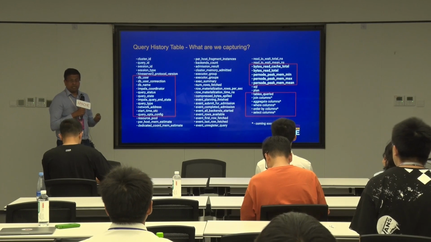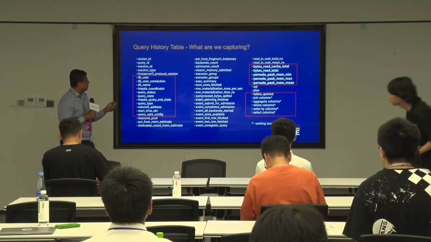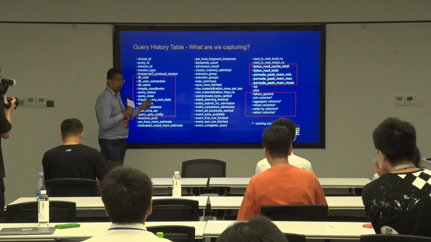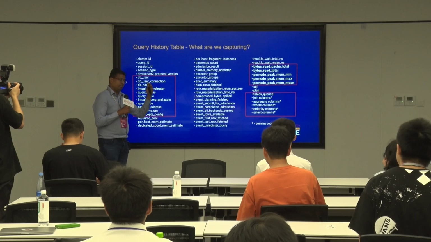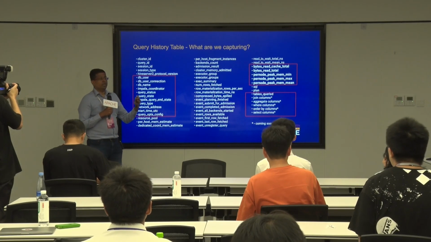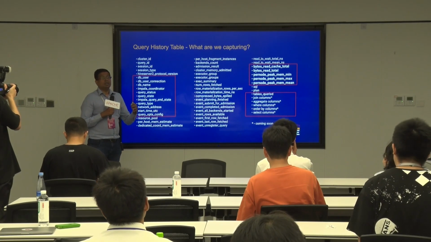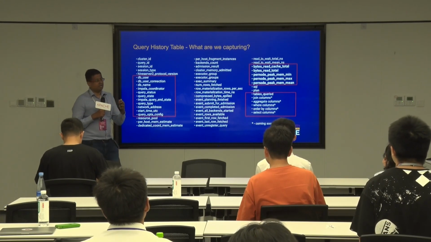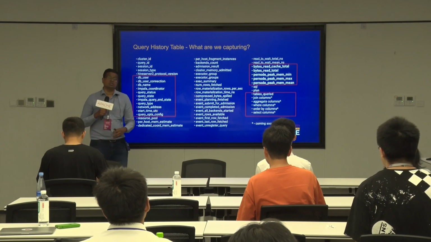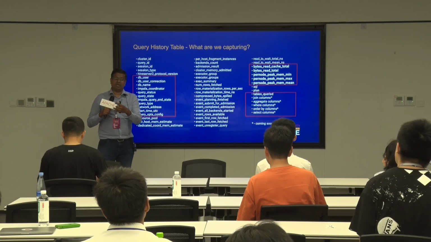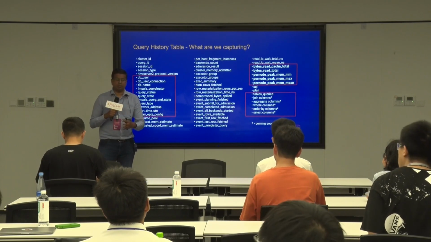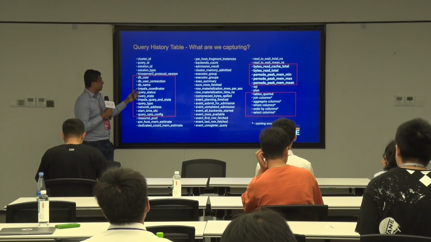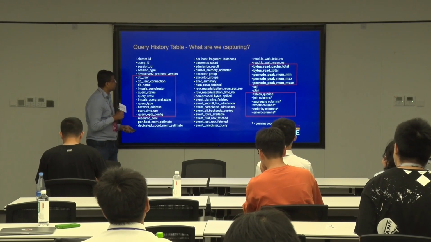If they are successfully run, then how many rows were fetched, and all the event timers for all of the query DAG status. So once a query is submitted, it gets admitted, it has a single node plan, a distributed plan, and the plan gets submitted to the executors. If it's waiting for catalog metadata, then how much time did it wait for catalog metadata. So all of those metrics we are going to capture as a part of the query log table.